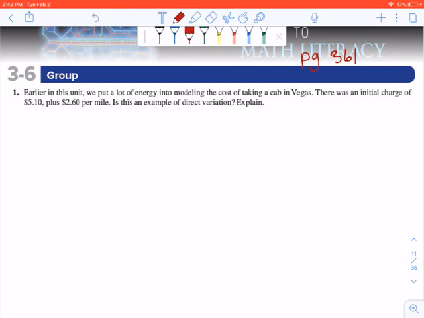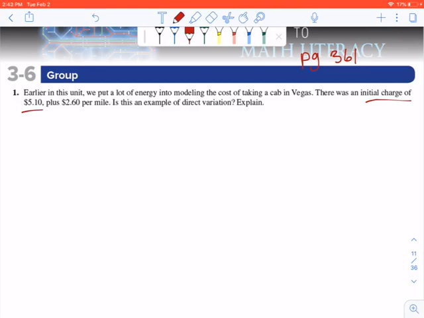So earlier in this unit we put a lot of energy into modeling the cost of taking a cab in Vegas. There was an initial charge of $5.10 plus $2.60 per mile. So is this an example of direct variation? Well, I can tell you right now, because of this initial charge, this is not direct variation.